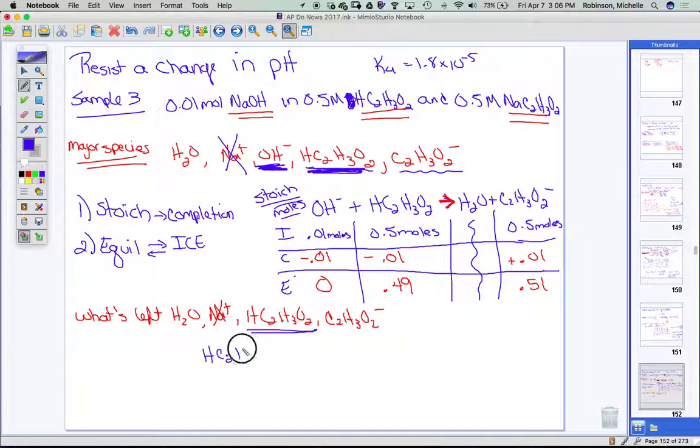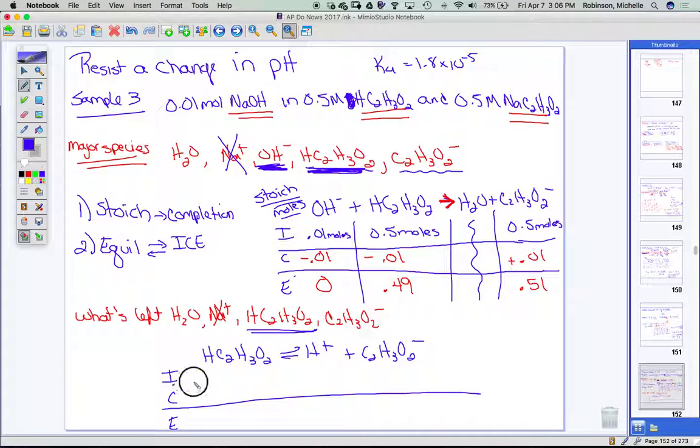So same thing you've been doing. Oh, put the 2 at the top. But what are our initial concentrations going to be? Yeah, what you got right here. Exactly. You're going to carry down what you got in the stoichiometry down here.